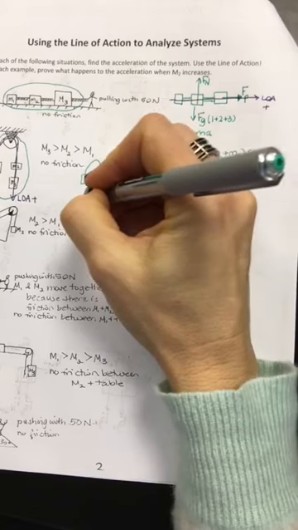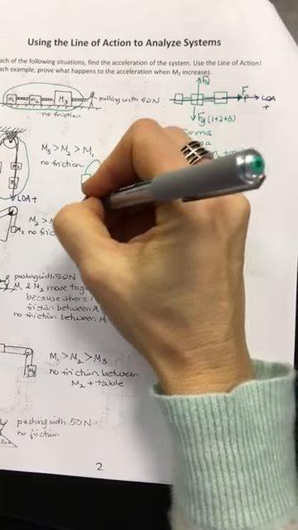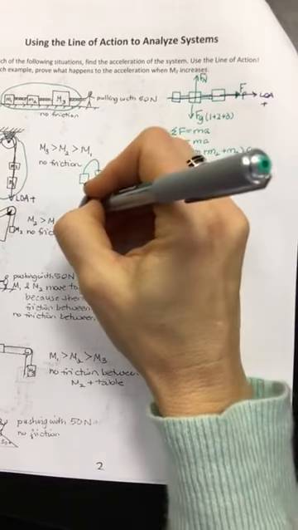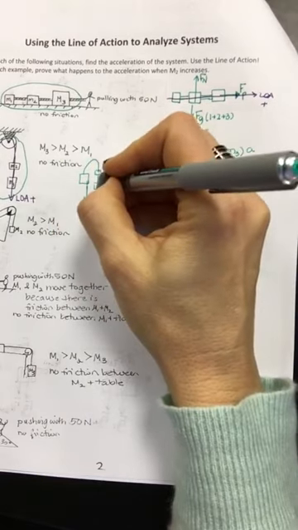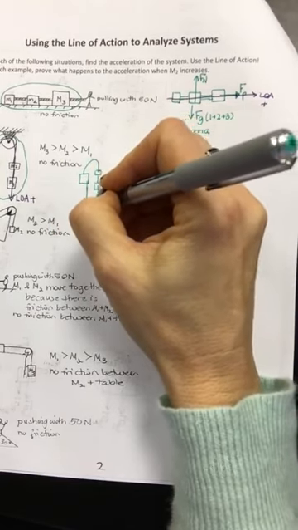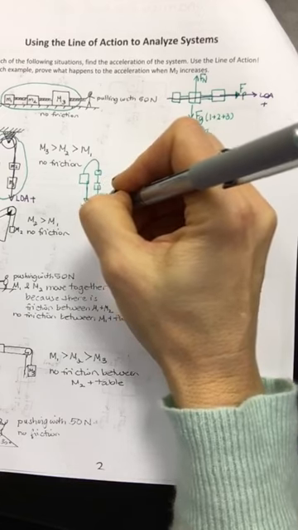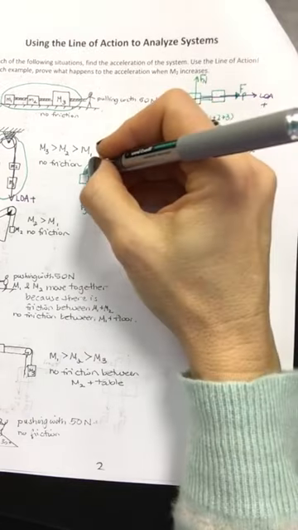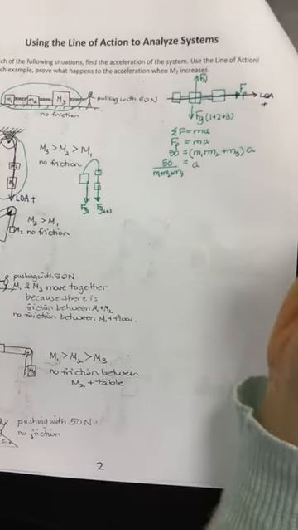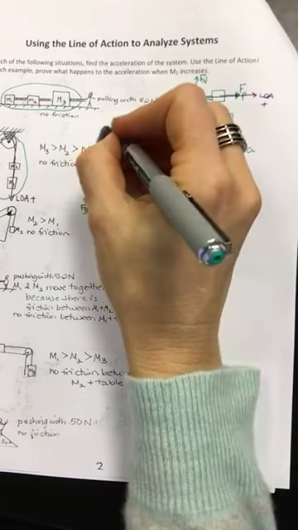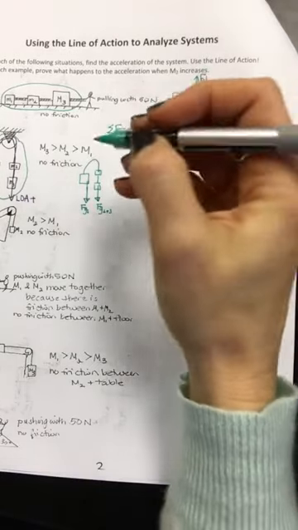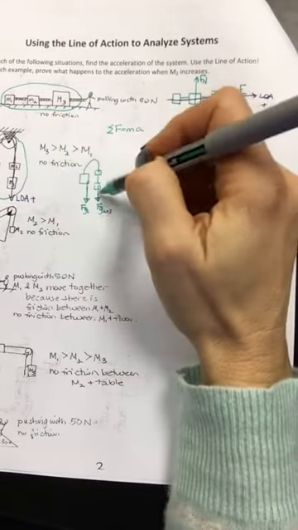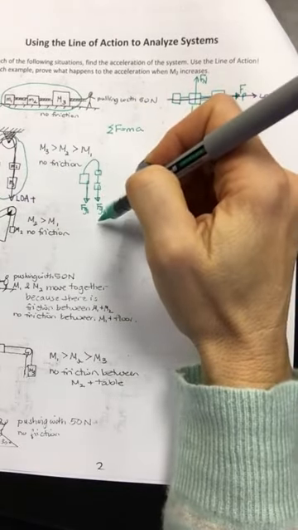So what's pulling down is FG, here is FG1, and what's pulling down here is FG2 plus 3. All those tensions are internal. So when you write your net force equation for your line of action, right, these two here are in the positive line of action.